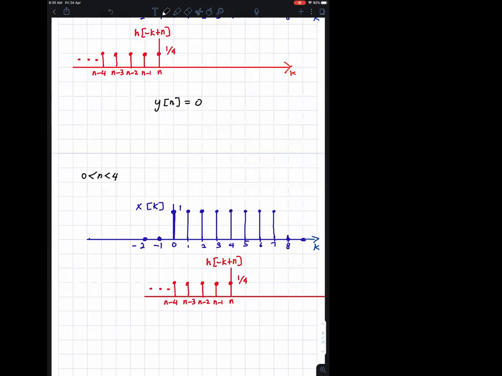In this case, what is k? K is limited by n. We don't know the value of n; n can be anything. If n is 4, then you're going to be aligned like the way you are right now. If n is 5, then you're going to have 5 here.